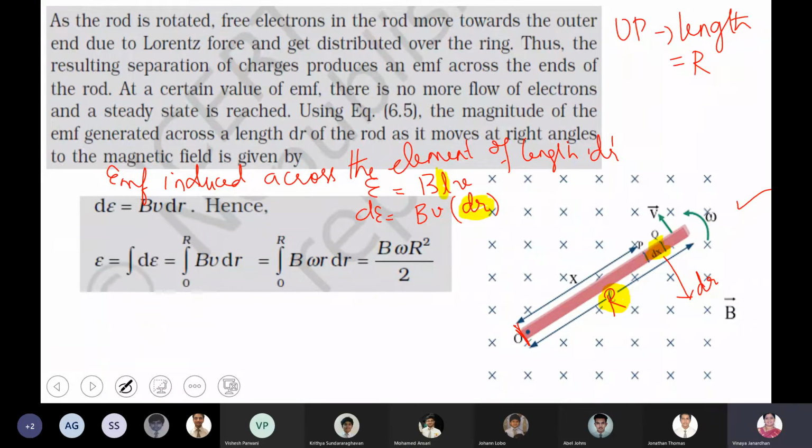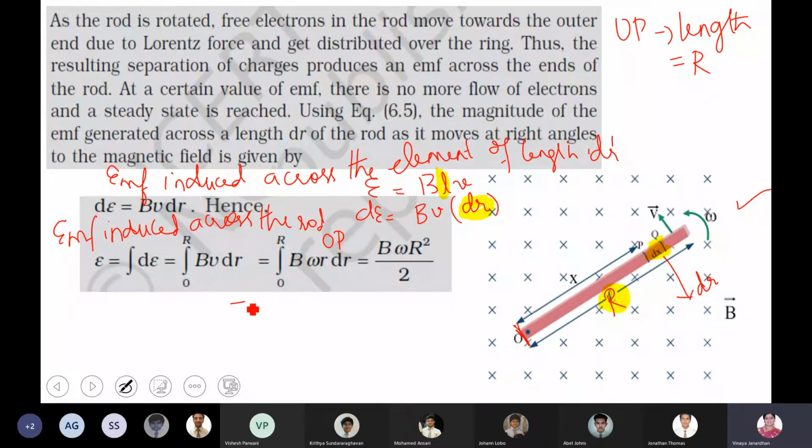Next, what will be the EMF induced across the entire rod OP? You have to integrate between the limits 0 to R, the entire length of the metallic conductor.